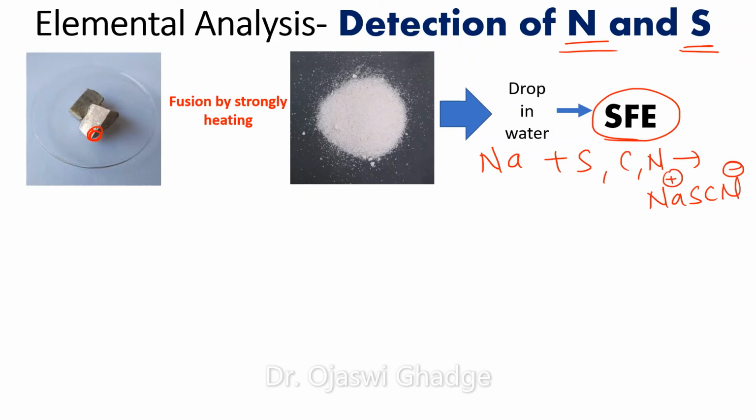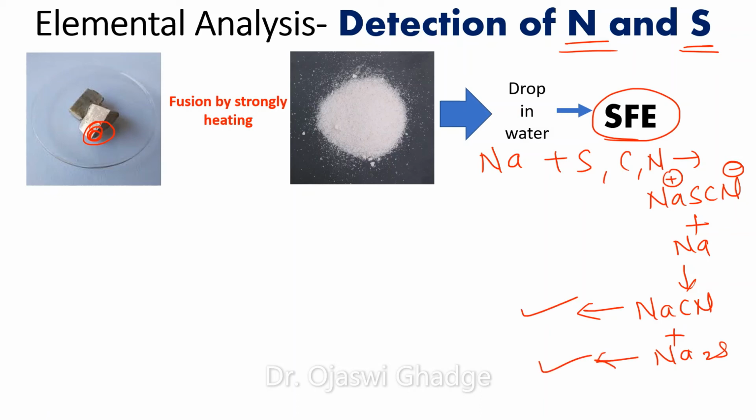If you take more sodium metal while performing the fusion, then it can further react with that excess sodium and form NaCN and Na2S. In that case you will get Prussian blue color and a black precipitate when you perform the individual tests for nitrogen and sulfur.